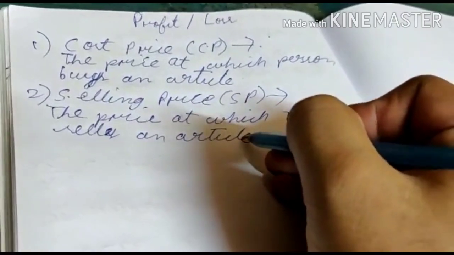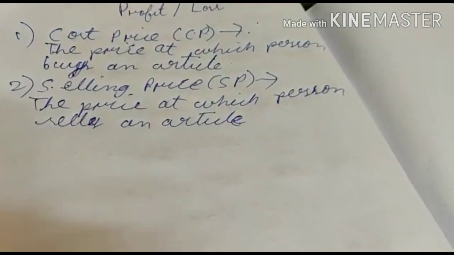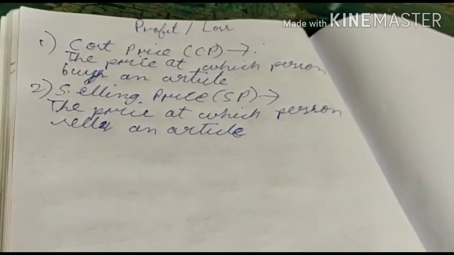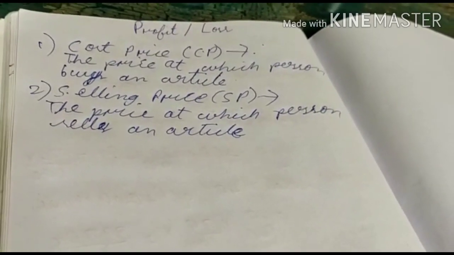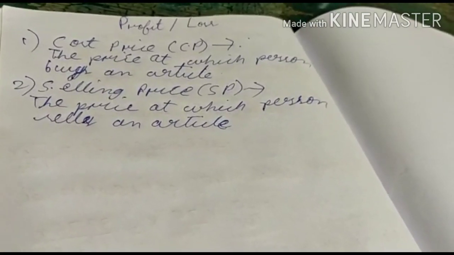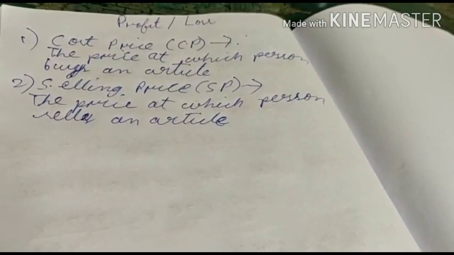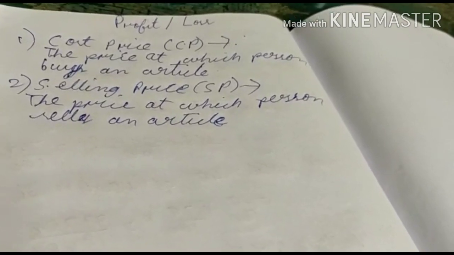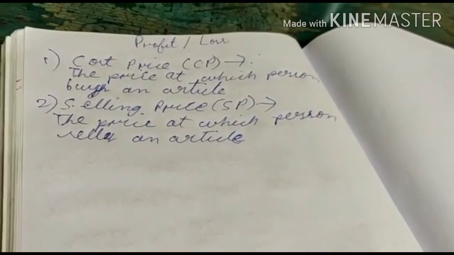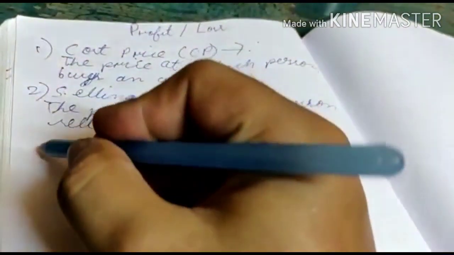Okay, the price at which a person buys an article and the price at which a person sells an article. Like you bought a pen for rupees 4 and you sold it to your friend at ₹5. So your cost price, the price at which you bought, was 4 and the price at which you sold it was 5.